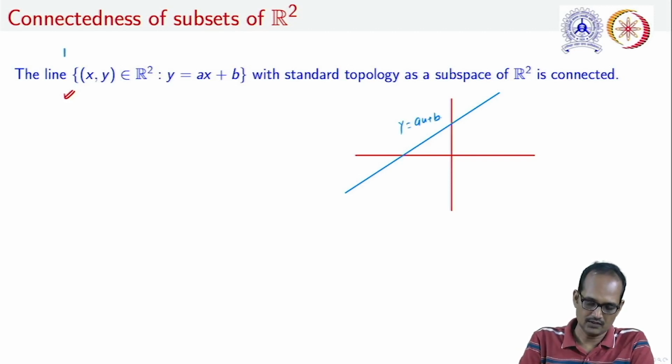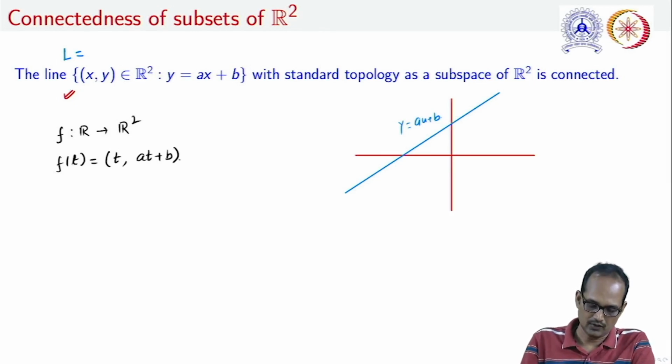Let us take this set as L. Now define a function f from the set of real numbers to R2. This function is defined as f of t is equal to (t, at plus b). Now what about the image of R? That is nothing but L.